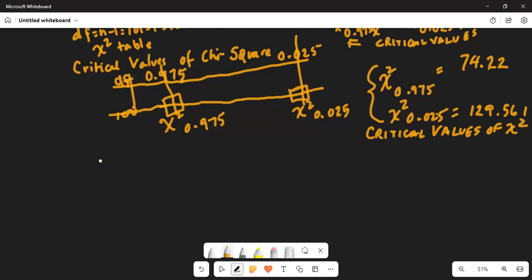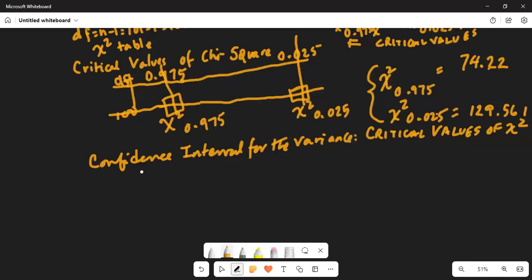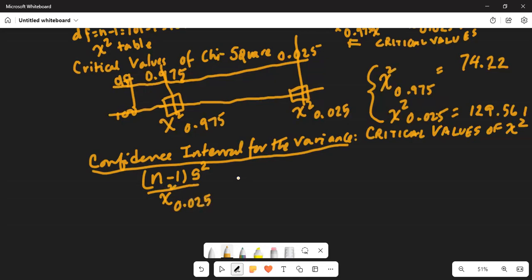So my formula for the confidence interval for the variance is given as n minus 1 times s square, which is the sample variance, divided by chi-square 0.025, less than sigma square.